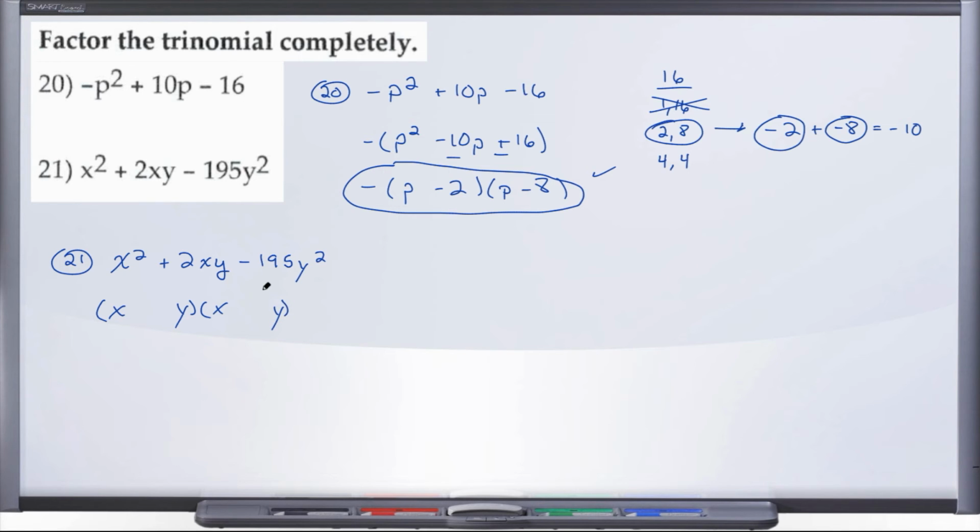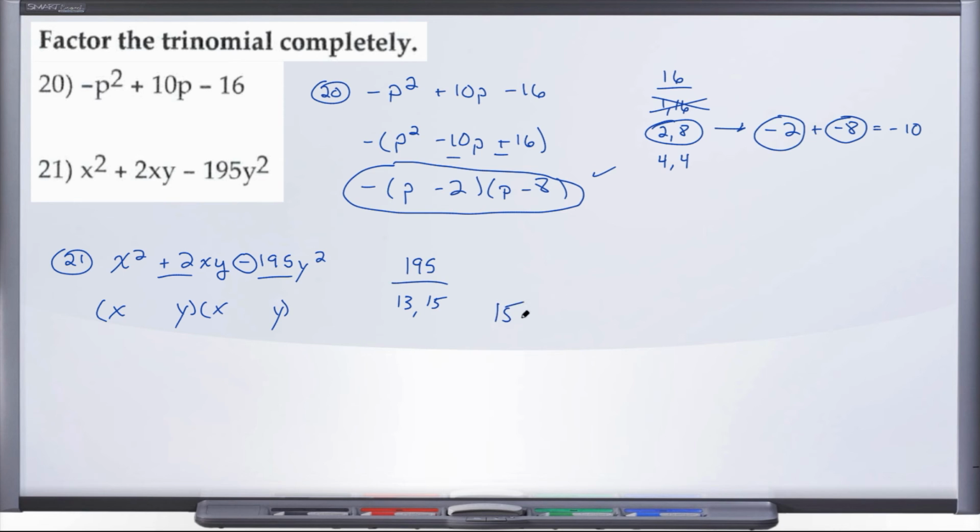And now we're looking for factors of 195 that subtract to give us a +2. And so you could go ahead and sit here and list the factors of 195, but the factors that we're going to end up using are 13 and 15. If you multiply those together, you'll get 195. But we want these to subtract to get a +2. Well, let's see.